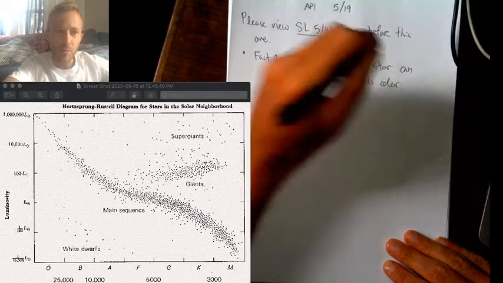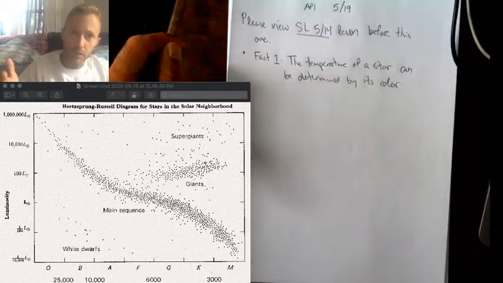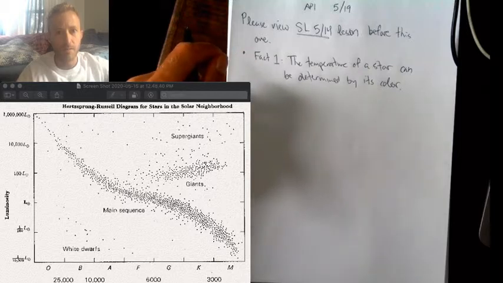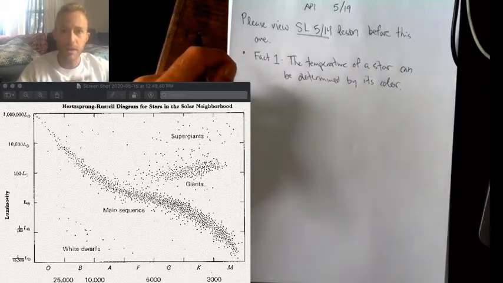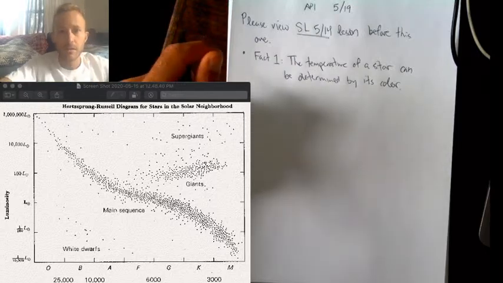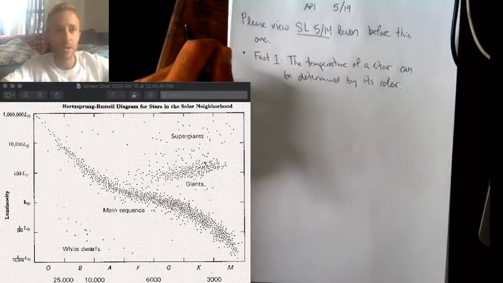You've probably noticed this before. Have you ever heard that a red flame is colder than a blue flame? So the temperature of a star can be determined by its color.